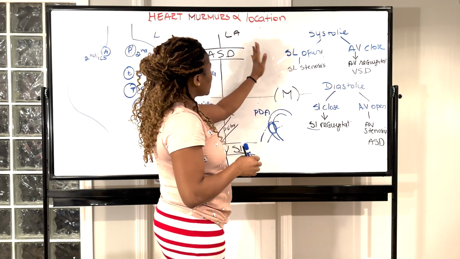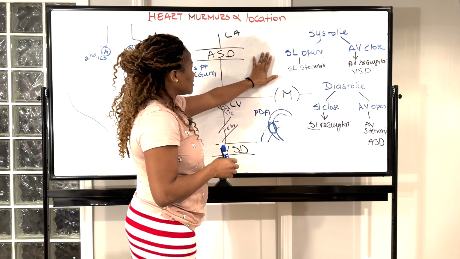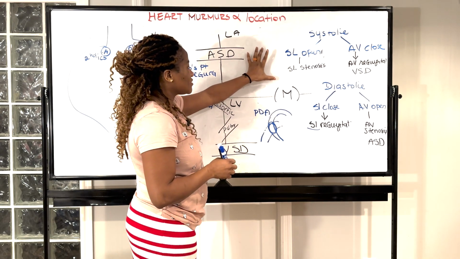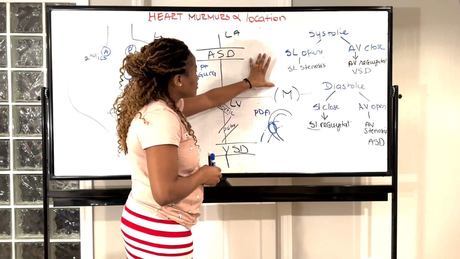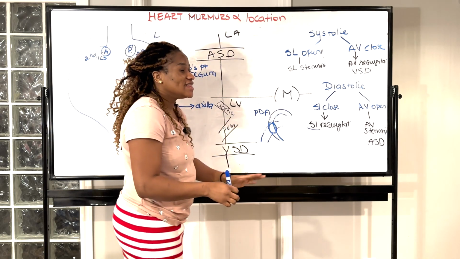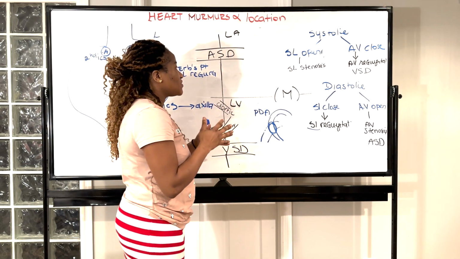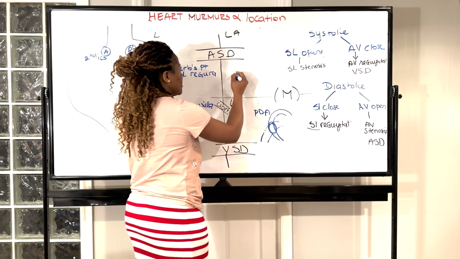During your diastole, the left atrium is going to contract to push the blood into the left ventricle. Now, during late diastole, we have what we call the atrial kick.